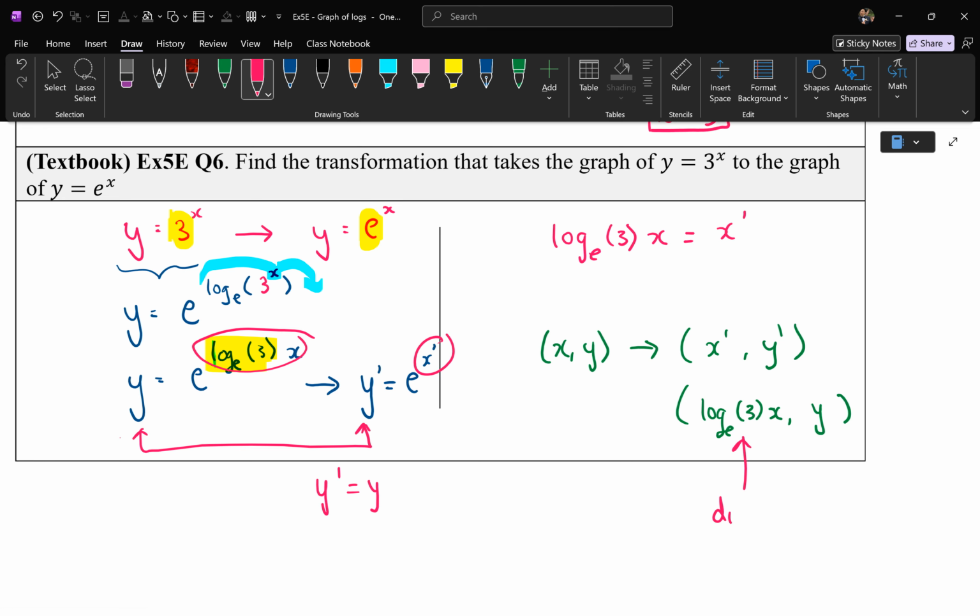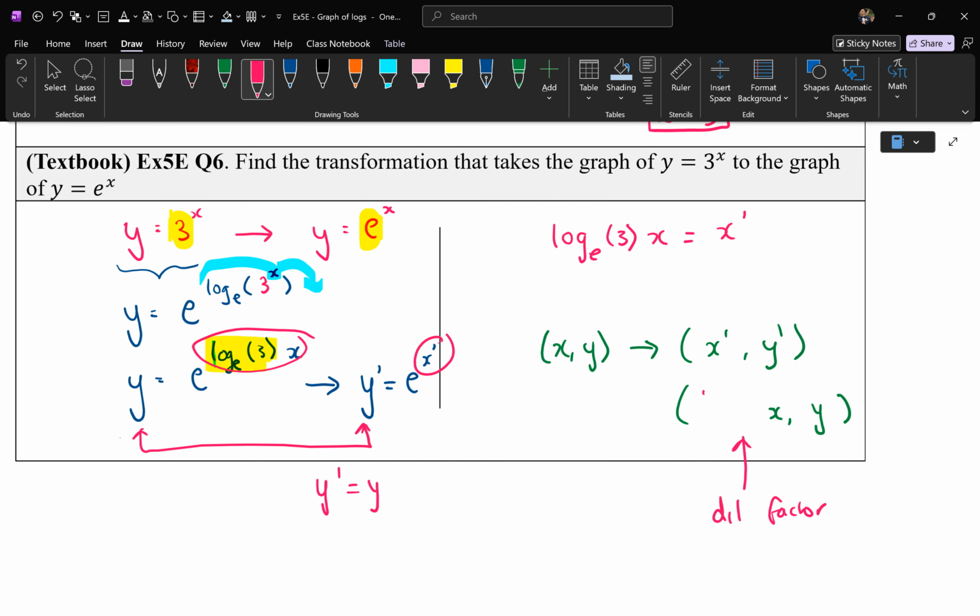So if you had to read this now, dilation of factor what? I confused you guys? No? If it helps, what if I change this to a 2? See, if I said 2x, y, that's my transformation, you would have said dilation of factor 2 from the y-axis.